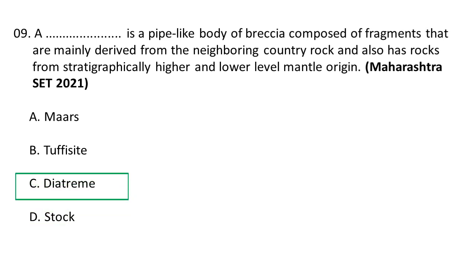Diatreme breccia is a mixture of ejected clasts formed from a gaseous explosion in a diatreme. A diatreme is a volcanic pipe that is created when magma rises through a crater in the Earth's crust and comes into contact with groundwater, and the rapid expansion of the heated water vapor and volcanic gases causes a series of explosions. So C, diatreme, is the correct option.